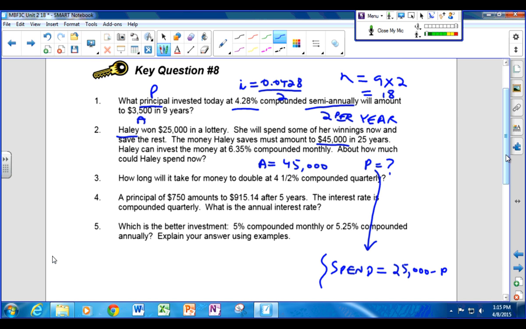We need to understand what we're going for, because we will come up with a number at the end, P, but that is not the answer. That's one component that we're going to plug into this equation down below that'll get us the answer, how much you can spend.